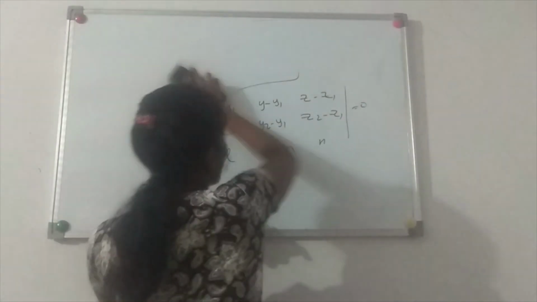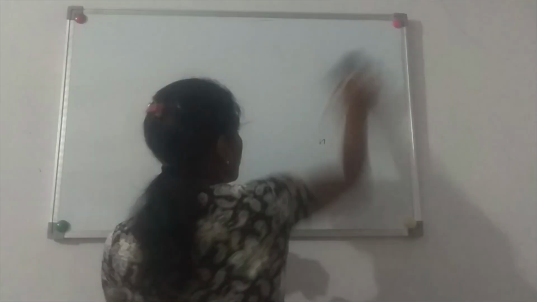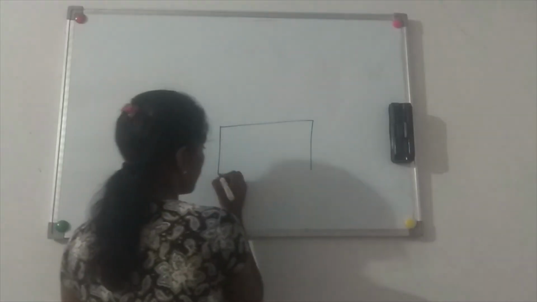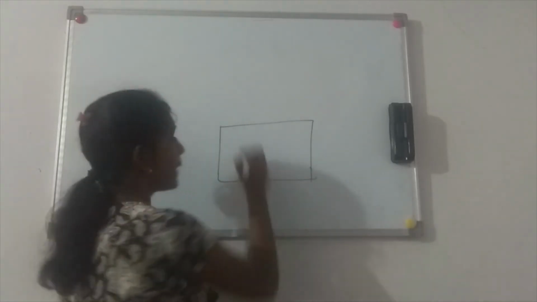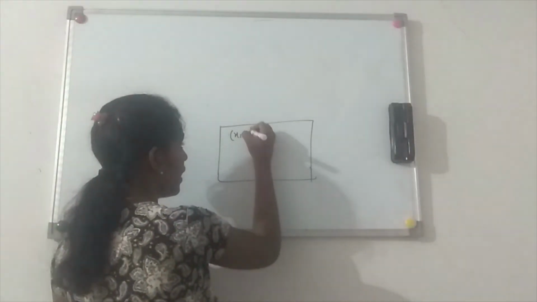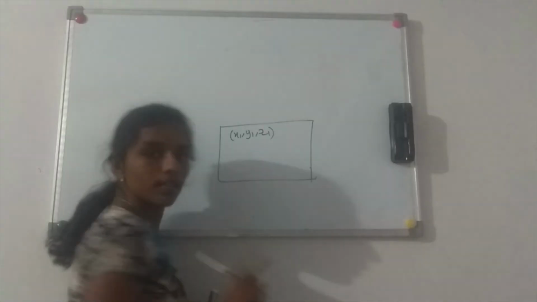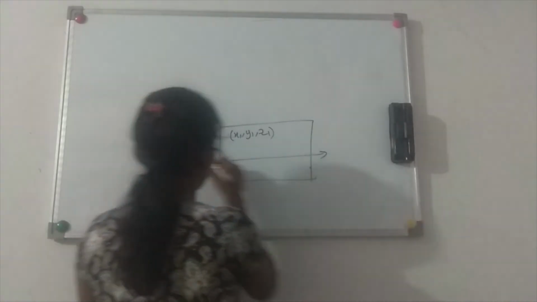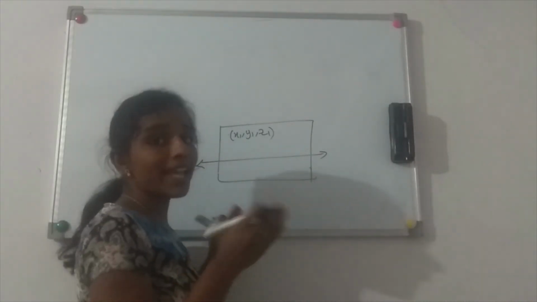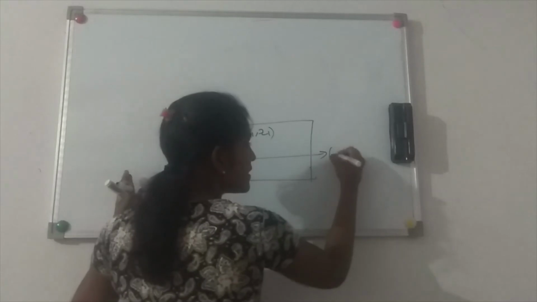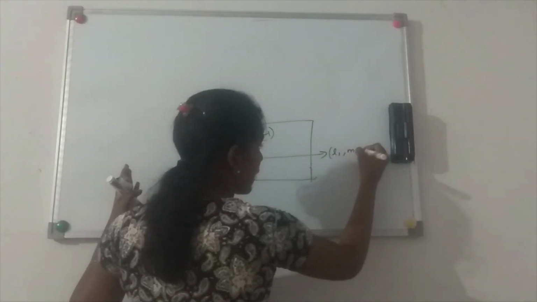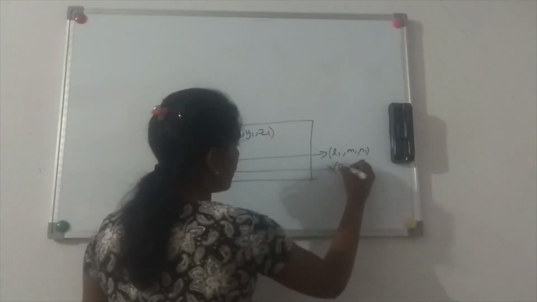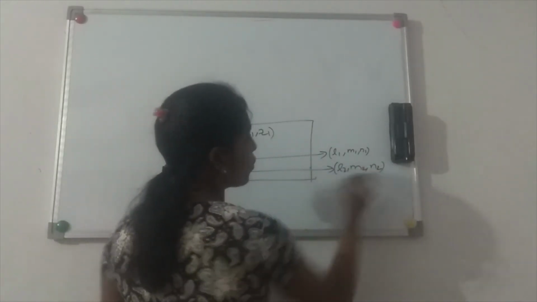Now, if only 1 point is given on the plane, that is x1, y1, z1, remember, and we have DRs of 2 lines through the plane, one is L1, M1, N1 and the other is L2, M2, N2.